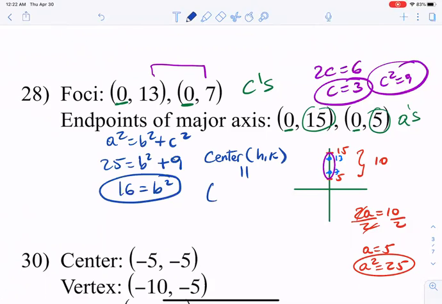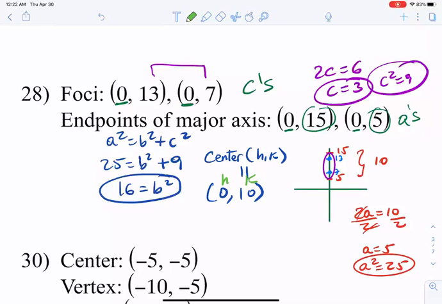We already know that the x-axis is not moving, so we can put that right away. And then what is the distance? We said that the distance from 5 to 15 is 10. So the midpoint, what is between 5 and 15? Of course, 10, right? So this is HK, and I'm done.